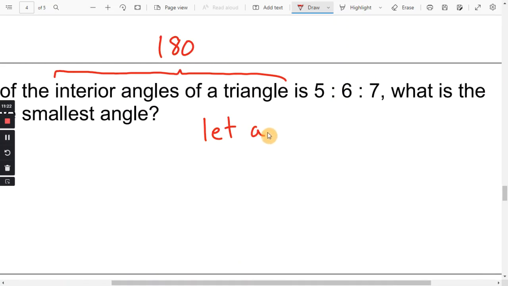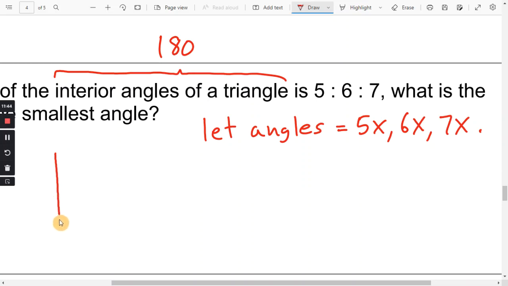So I'm going to let the angles equal 5x, 6x, and 7x. Okay? Now, you don't have to draw this. You can if you want to, if it helps.